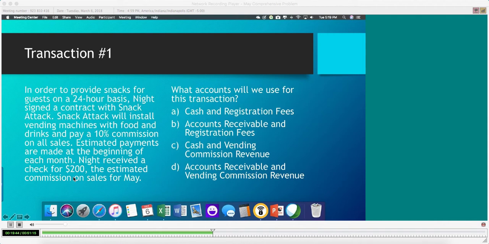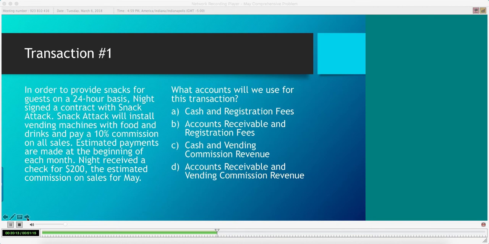So it's going to give you a lot of information that you don't need at this particular moment in time, but you will need it later on in the problem. So it's kind of like when you purchase the fishing boats in April. It gives you everything you need for the depreciation right there in that transaction, but you'll need that information later on.